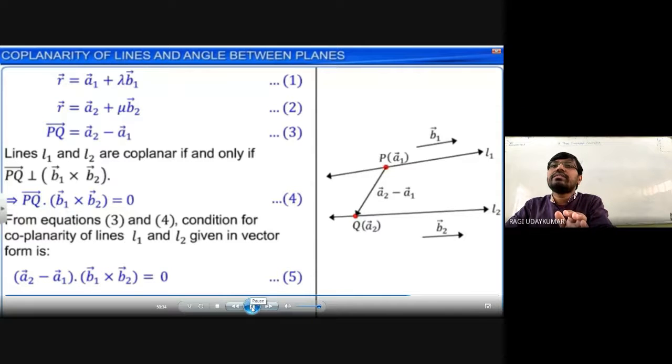If you take this into consideration, try to recall where you get this point? Shortest distance between the two lines. You try to recall that shortest distance between the two lines में आपको क्या आएगा? Normally, whenever you are considering the shortest distance between the two lines.